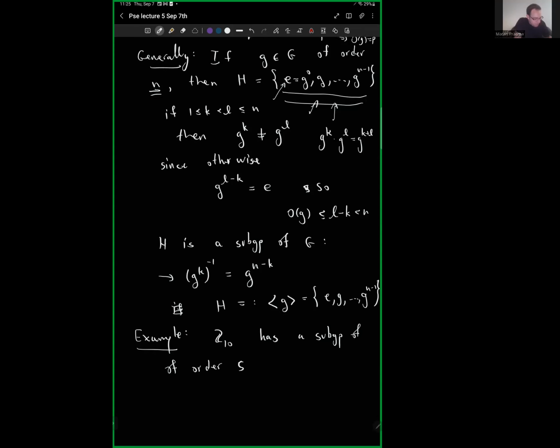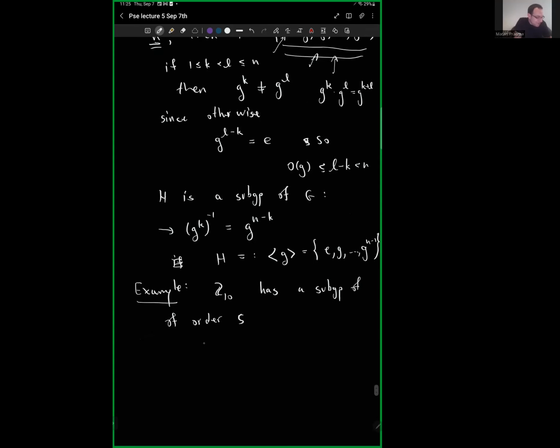In fact, we saw that {0, 2, 4, 6, 8} is indeed a subgroup of Z mod 10. And this is in fact the only subgroup of order 5, but that's another matter.